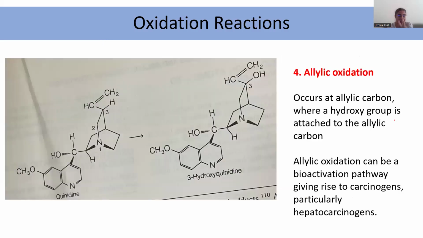Next is allylic oxidation. Now, please try to recollect the allylic carbon. You have studied this type of carbocation. This is the allyl carbocation.